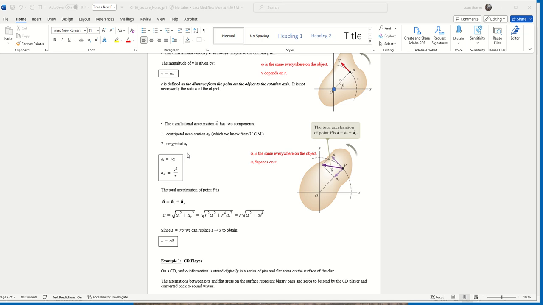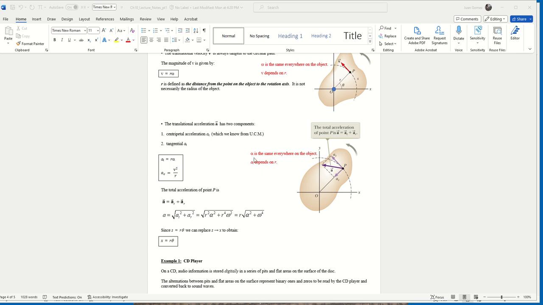Well, remember that the tangential acceleration is r times alpha. Remember, every point on the rod will have the same alpha but a different AT. And R is the distance from the point on the rod to the pivot.